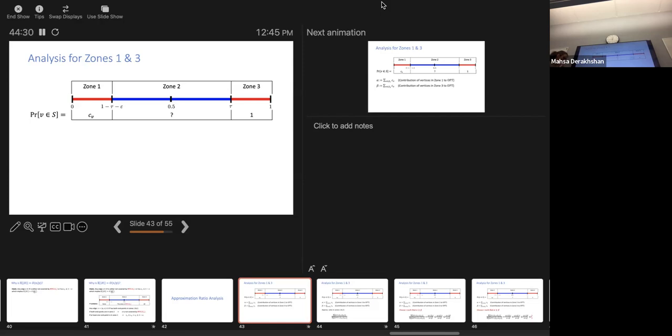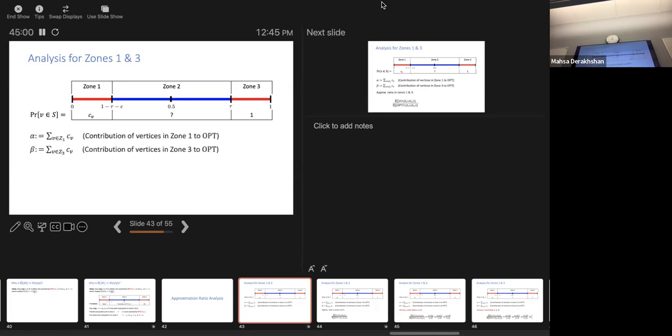Sorry, we're interested in understanding the probability that a vertex is outputted by the algorithm as a function of its CV, right? If CV falls in this range, the probability that V is outputted by this algorithm is exactly CV, right? We discussed this when we were analyzing the algorithm. And if it's in this zone, it always belongs to the solution, so the probability is 1.